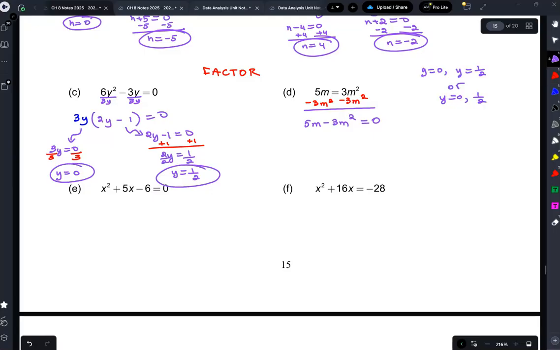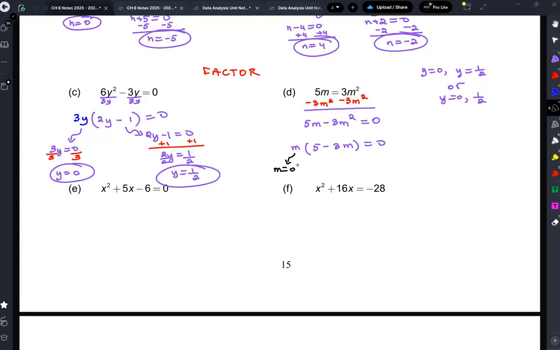0. Now, from here, is there a GCF I can factor out? Just an m. So I get m times 5 minus 3m is equal to 0. m equals 0. That's already solved. 5 minus 3m is equal to 0. What do I do? Subtract 5.